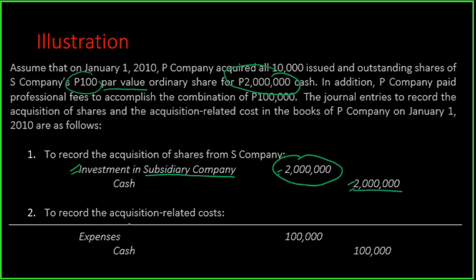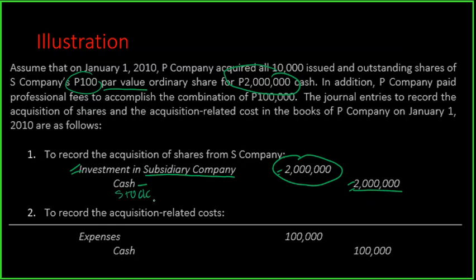Okay? If there are acquisition-related costs, again, the same concept applies. They will be treated as an expense in the period when they are incurred, unless these expenses pertain to, number one, issuance of equity. Aside from cash, you can also credit equity securities or stocks.